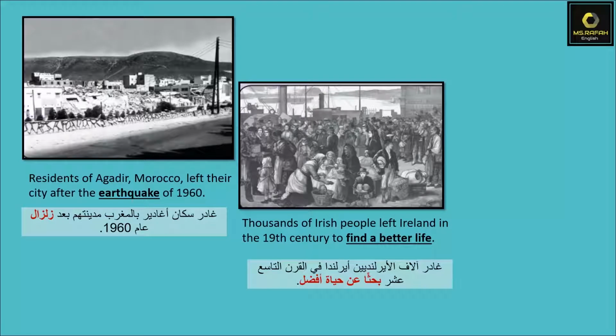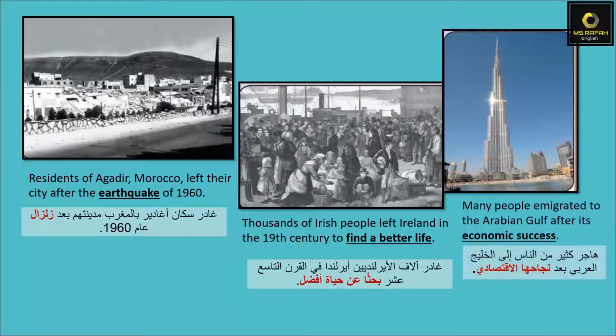Thousands of Irish people left Ireland in the 19th century to find a better life. Many people emigrated to the Arabian Gulf after its economic success.